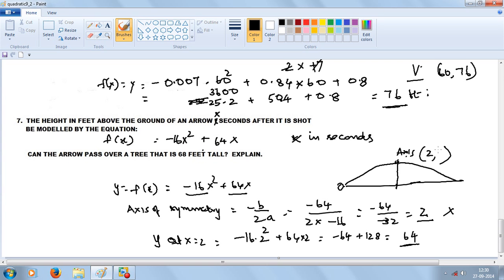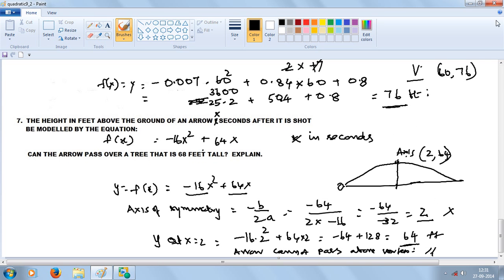So the answer is 2 comma 64. The height is 64 feet. Can the arrow pass over a tree that is 68 feet tall? No. So the arrow cannot pass above the vertex. That is the answer.